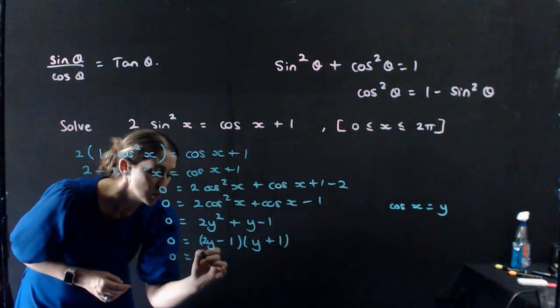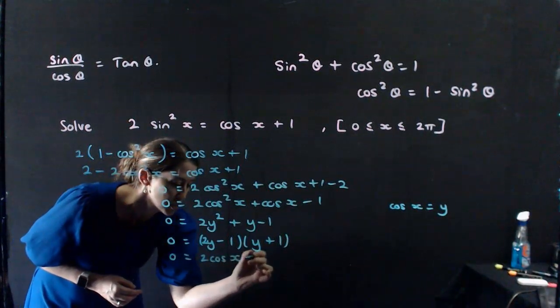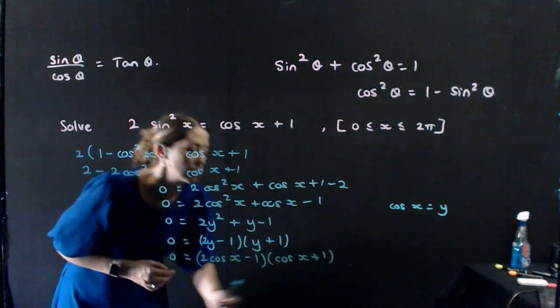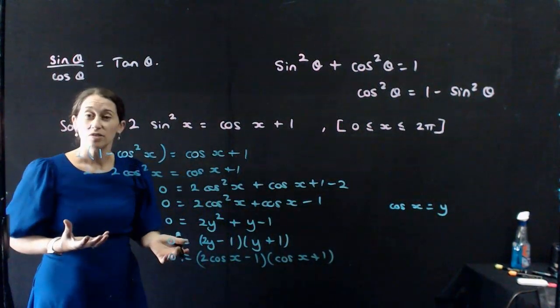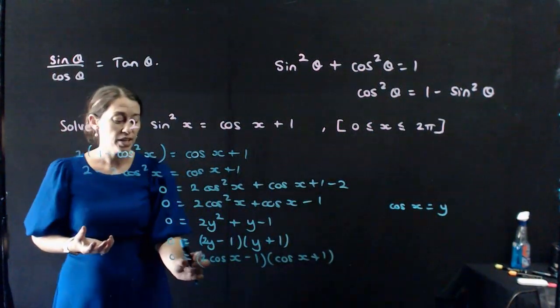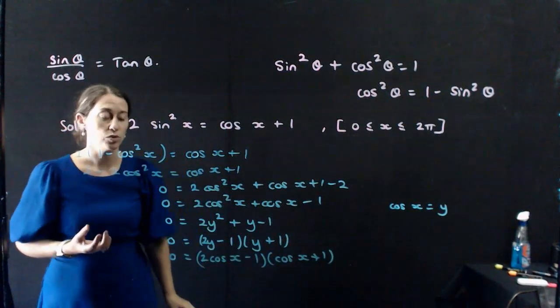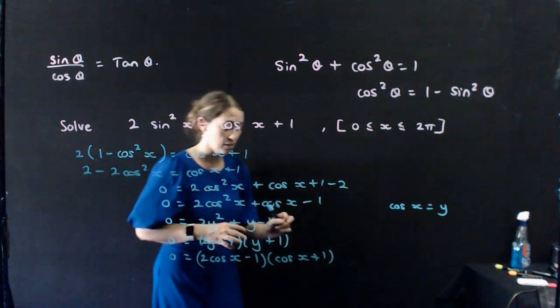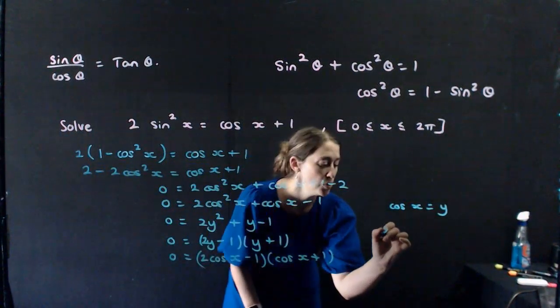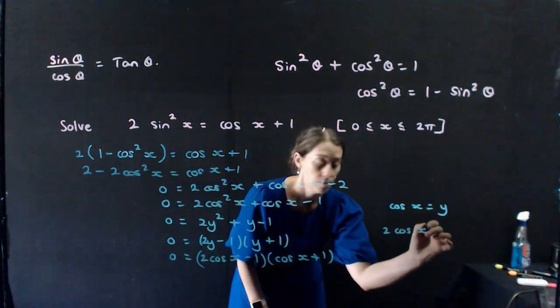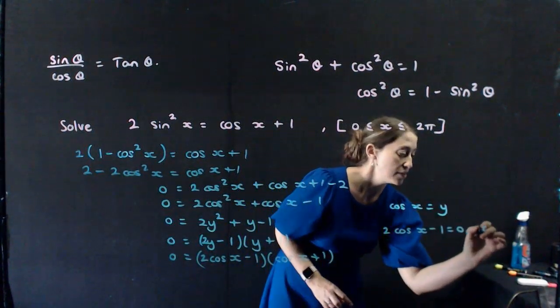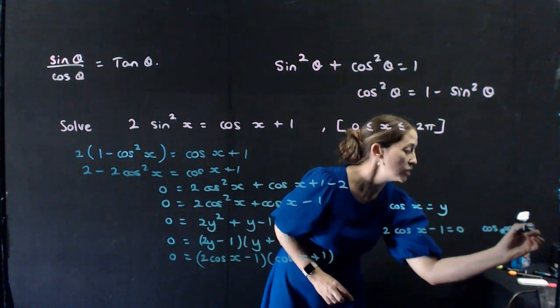We get 0 equals 2 cos x minus 1 multiplied by cos x plus 1. As you can see, we can use the null factor law to solve this because we have 2 brackets and it's equal to 0. So solving that gives me 2 equations that I need to look at. Either 2 cos x minus 1 equals 0 or cos x plus 1 equals 0.